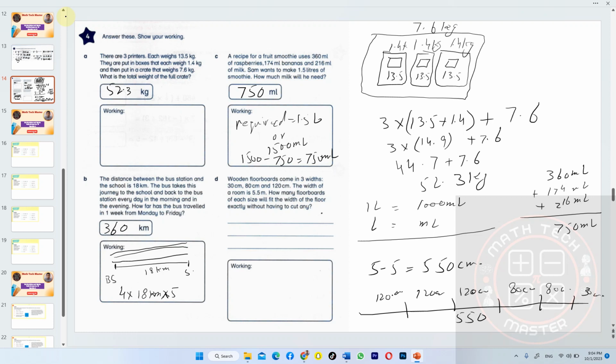So we can say that 120 multiplied by 3, 80 multiplied by 2 and 30 multiplied by 1 is equal to 360 centimeters, 160 centimeters and 30 centimeters, which will be equal to 550 centimeters.